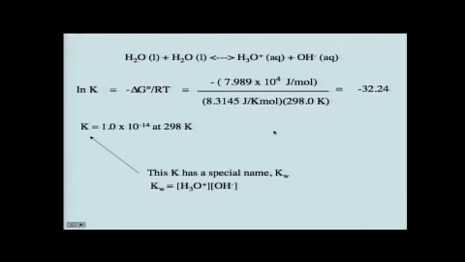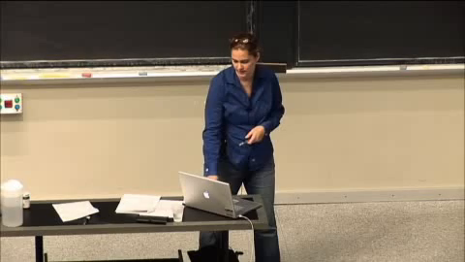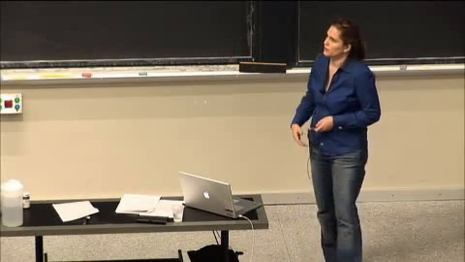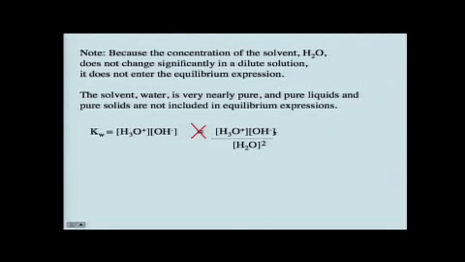So then Kw equals your hydronium ion concentration times your hydroxide ion concentration. Now for a minute, let's consider why that's true. So our reaction, it's products over reactants for an equilibrium constant, but all of a sudden, I don't have my reactants in here.